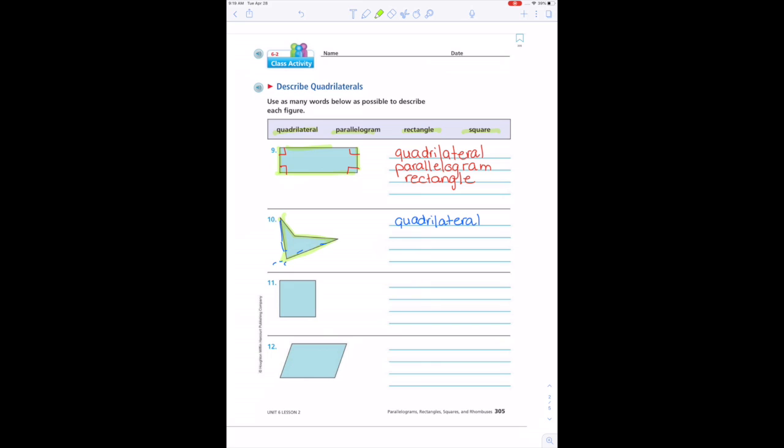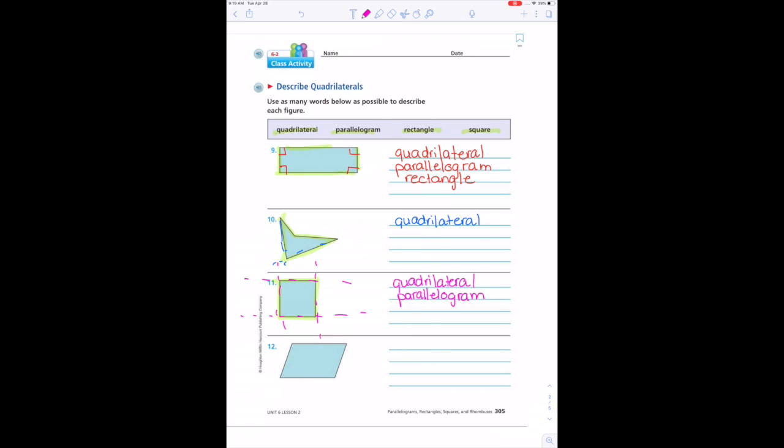Well, let's take a look. Do we have 4 sides? 1, 2, 3, 4. We've got 4 sides, so we do have a quadrilateral, don't we? Okay. Are they parallel? If they continue on forever, are they parallel? Yes, they are parallel. So we have a parallelogram right here.